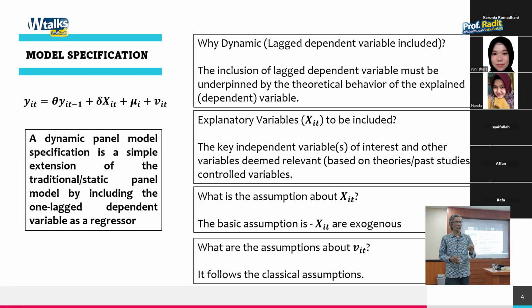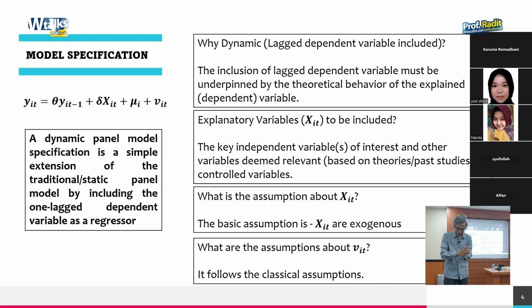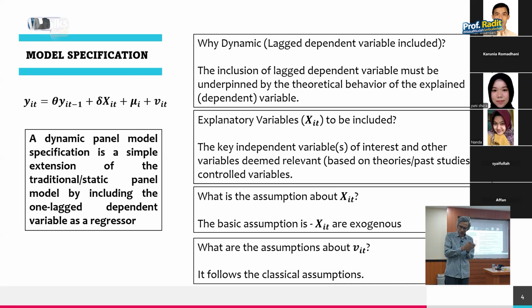But if there exist strong reasons, either you have your theoretical arguments or standard practices in the literature. You read a lot of articles on that topic. Out of 20 articles, 15 of them, the majority, use dynamic panel. So you use dynamic panel, right? Kind of along the line of practices.